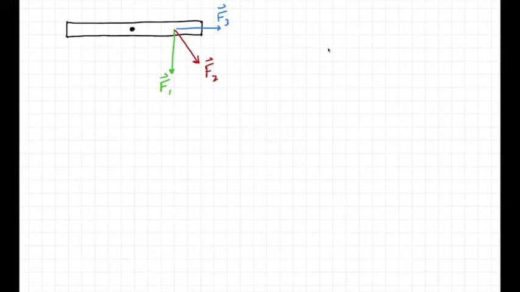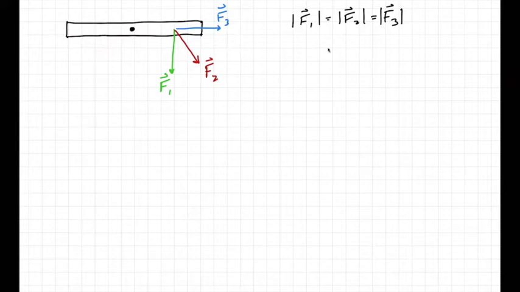So let me just stipulate that the magnitude of F1 equals the magnitude of F2 equals the magnitude of F3. All the magnitudes of the forces are the same, but they don't cause the same torque. And the reason why they don't cause the same torque is because they're pulling in different directions.